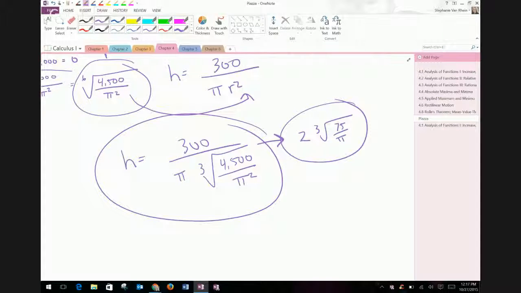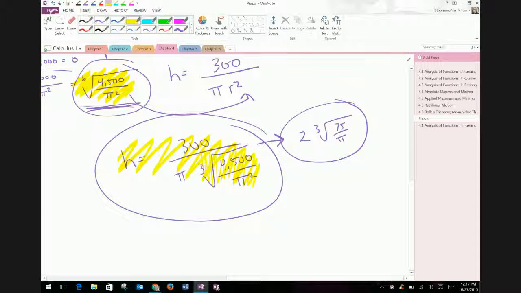You could also clean this up and get a nicer looking number, but if you're plugging in on Wiley, this should give you full credit, and this should give you full credit. On an exam, you could do a decimal approximation: just plug it into your calculator and get a decimal approximation for it.